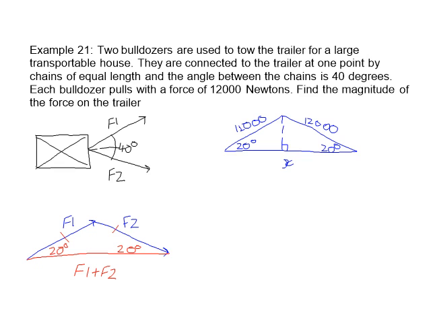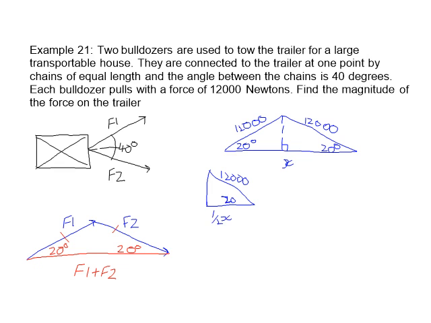We can now use just basic trigonometry to solve it. So we're left with a little triangle. That's 12,000 here, 20 degrees, and our unknown, that'll be half of x, because we've cut it in half.